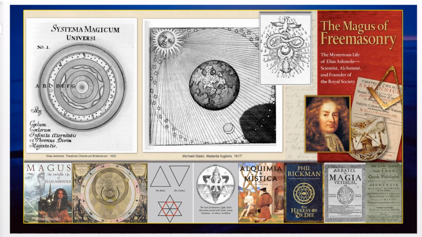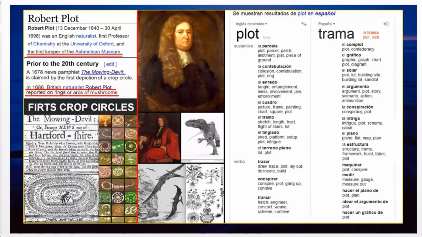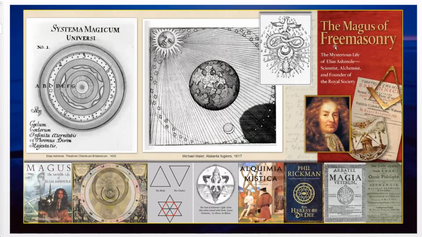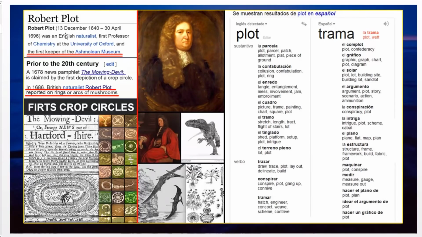So after this guy died, when Elias Ashmole, the magus of Freemasonry, who is considered a scientist, alchemist, and founder of the Royal Society, dies, this guy comes, Robert Plot.